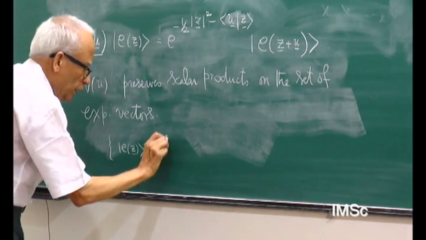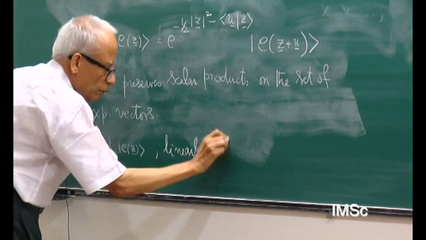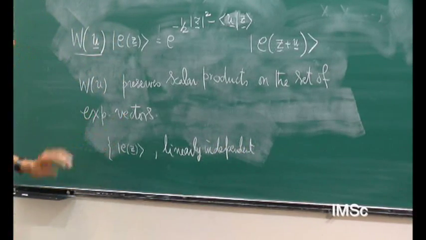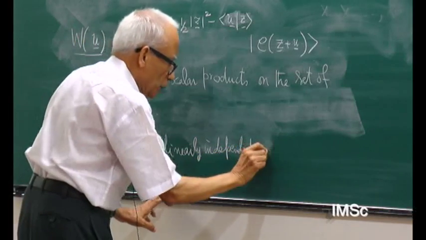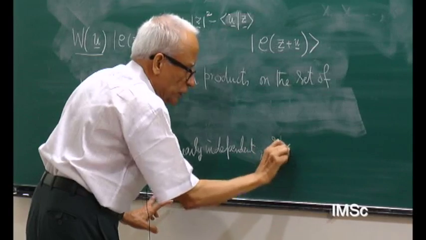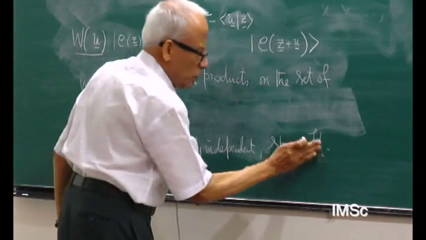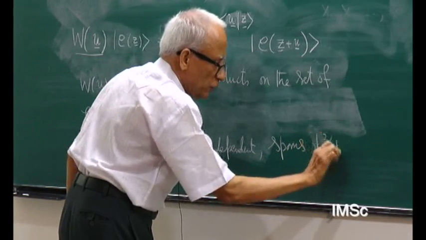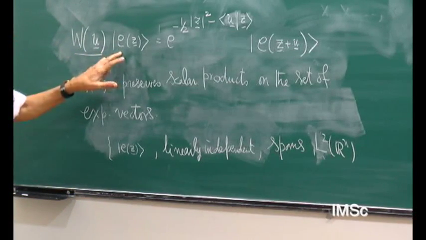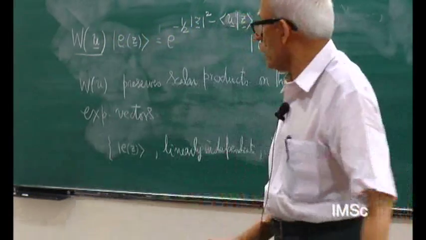They are linearly independent, that is, any finite number of them is linearly independent, and total, that is, they span the Hilbert space H, the closed linear span, closed L2 Rn in this case. And they preserve scalar products here, and therefore W u determines a unique unitary operator.